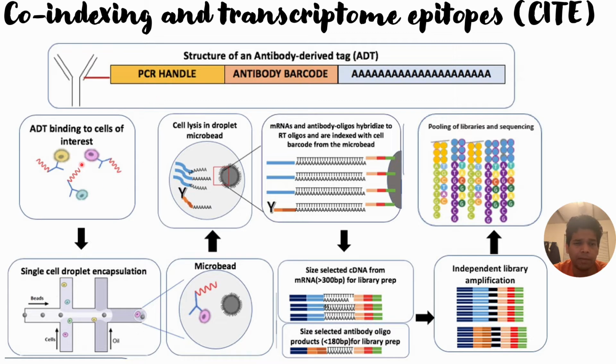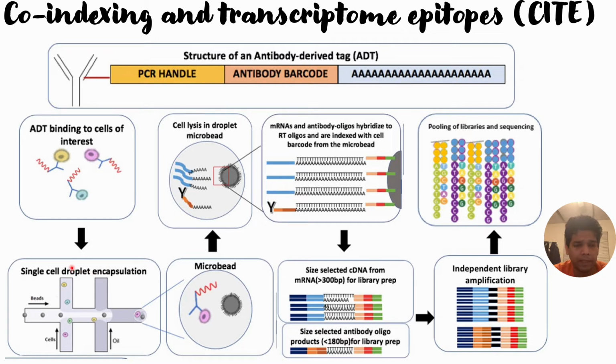First, this antibody derived tag will bind to the cells, and it will only bind to those cells where the cell surface protein marker against these antibodies is present. After the cells are bound with the antibody, they will go into single cell droplet encapsulation.